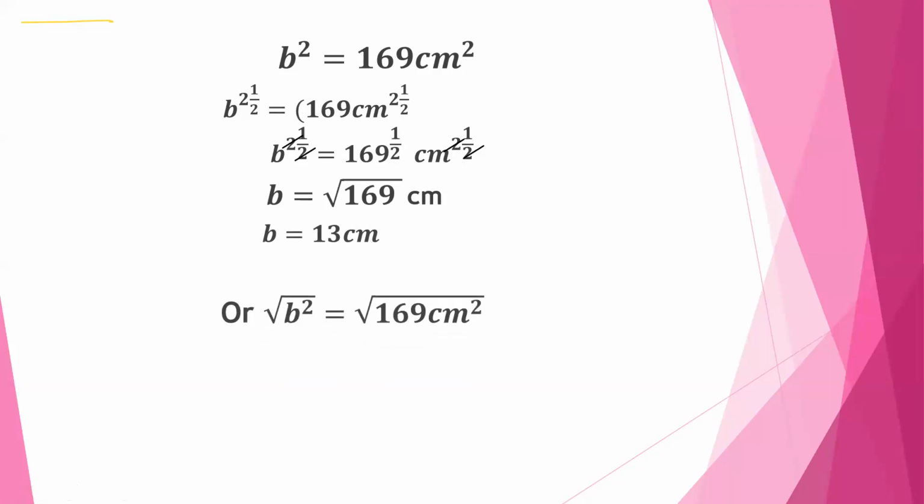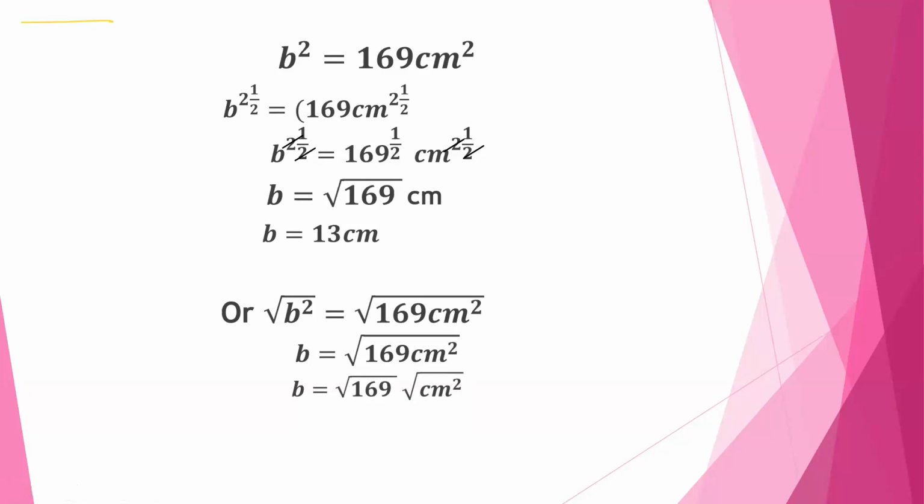Or like we did previously, you can introduce your square root straight away, and then this squared will cancel this, and then you have b is equal to the square root of 169 centimeters squared, which is also the same as b is equal to the square root of 169 times the square root of centimeters squared, right?